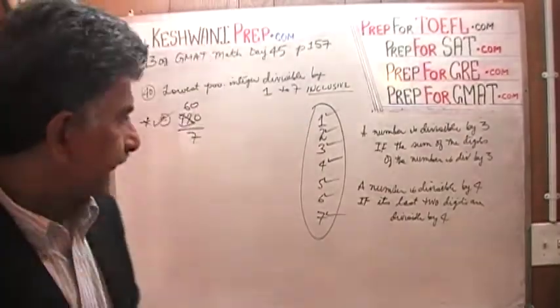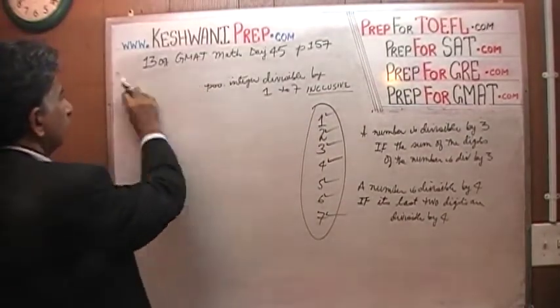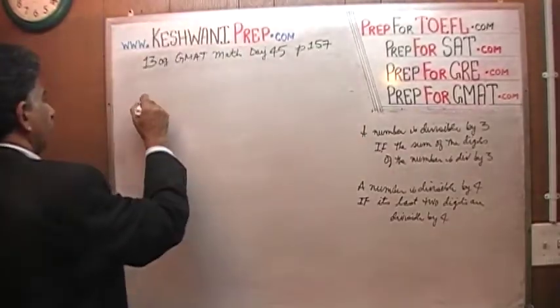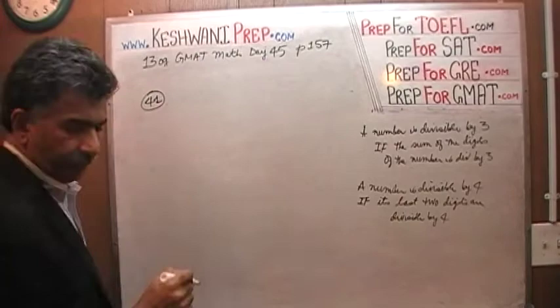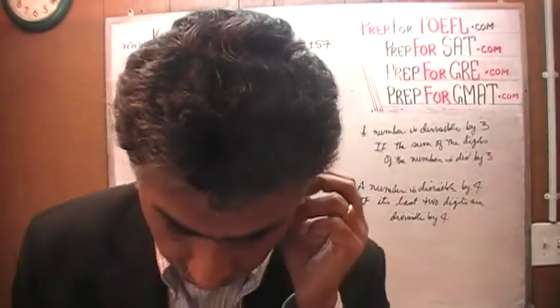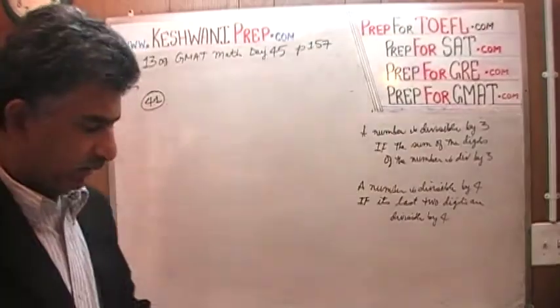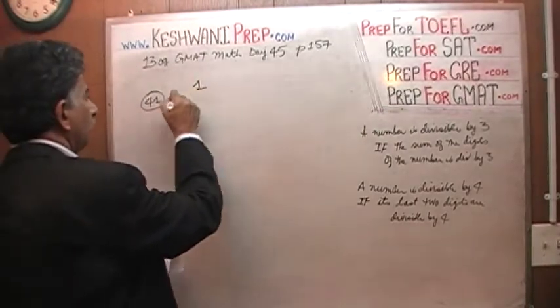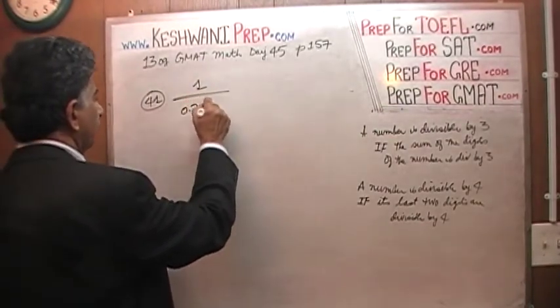Let's look at 41. I'm not sure how much detail I want to go into because I don't want to bore you. It says 1 over 0.75 minus 1.